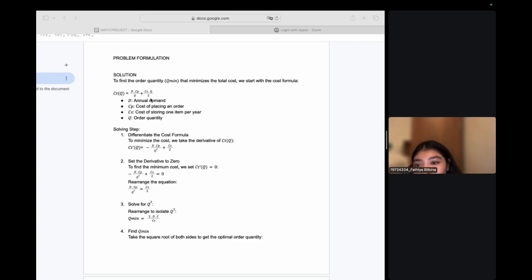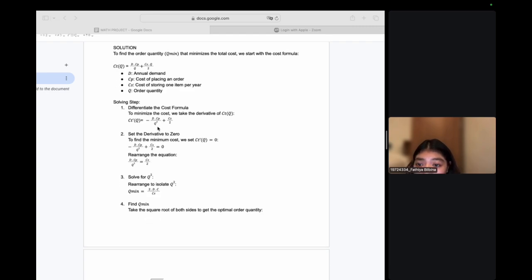The formula is CT(Q) equals D over Q times CP plus Q over 2 times CS, where D is the annual demand, CP is the cost of placing an order, CS is the cost of storing one item per year, and Q is the order quantity.